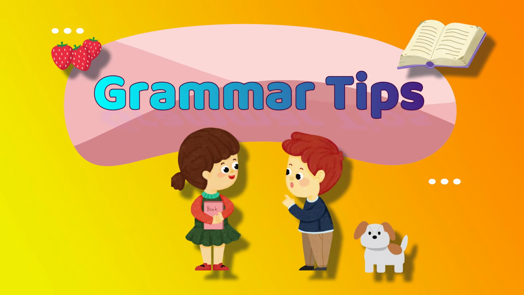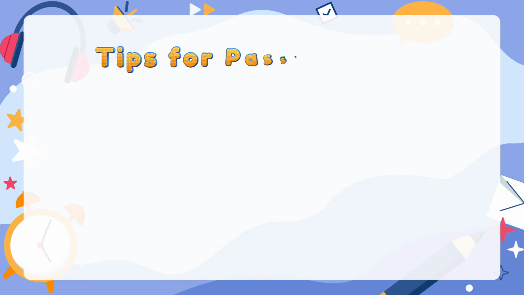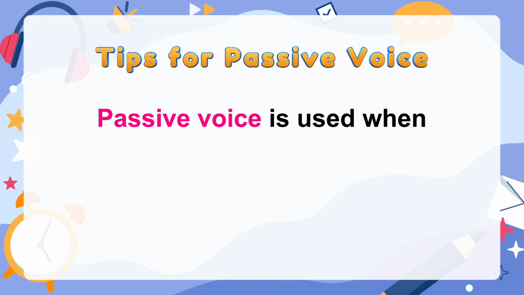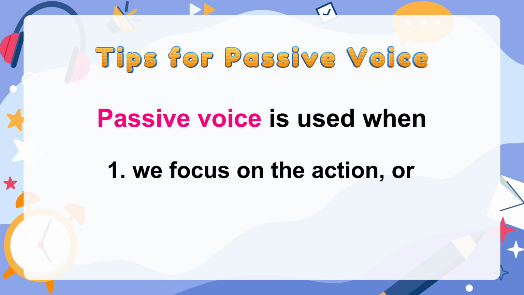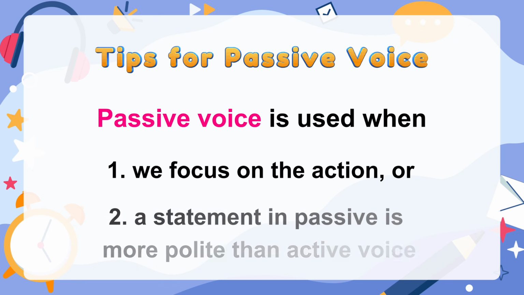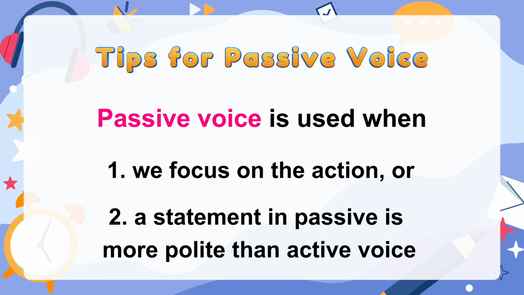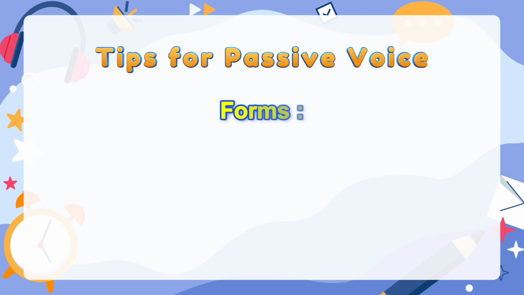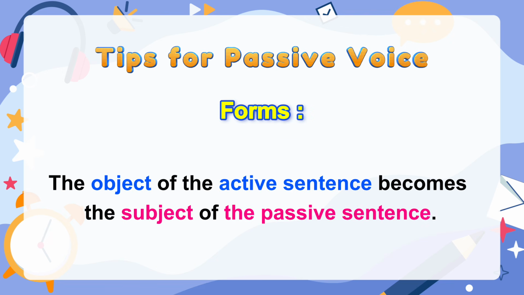Grammar tips. Tips for passive voice. Passive voice is used when we focus on the action, or a statement is passive if it's more polite than the active voice. Here are the forms. First, the object of the active sentence becomes the subject of the passive sentence.